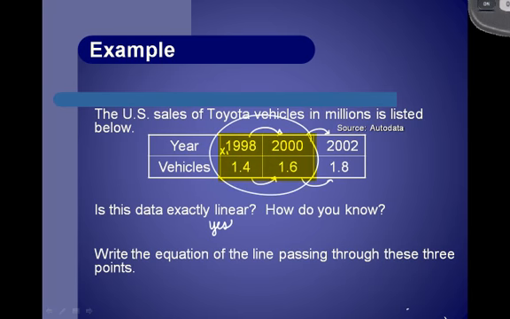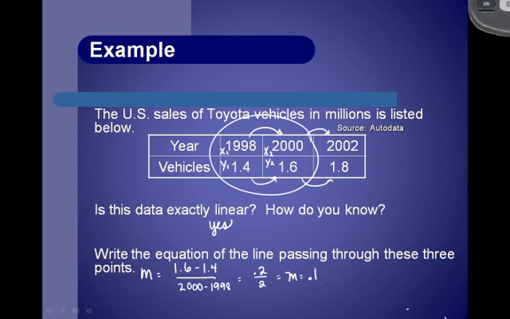So this is x from the first point, y from the first point, x from the second point, y from the second point. So to find the slope, we need y2 minus y1, which is 1.6 minus 1.4, divided by 2000 minus 1998, which is 0.2 divided by 2, which gives us a slope of 0.1.